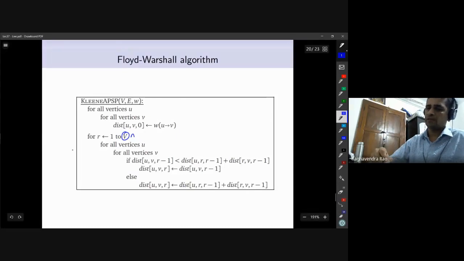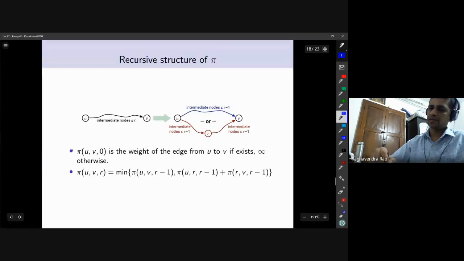That is basically, if distance uv r minus 1 is less than distance ur r minus 1 plus distance rv r minus 1, then set distance uvr to distance uv r minus 1. Else you set it to the other distance. Either this or this. If this is a smaller value, set this, else set this.